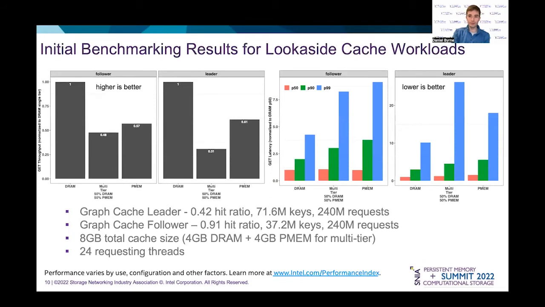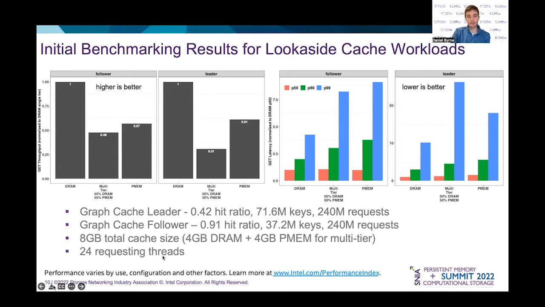Okay, so our initial benchmarking results for these Lookaside cache workloads turns out that our multi-tier instance underperformed compared to the single-tier DRAM and single-tier pmem instance. So our multi-tier, we took 50% DRAM and 50% pmem. Total cache size is 8 gigabytes.